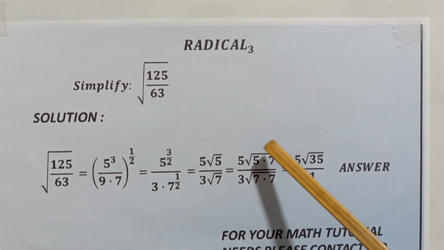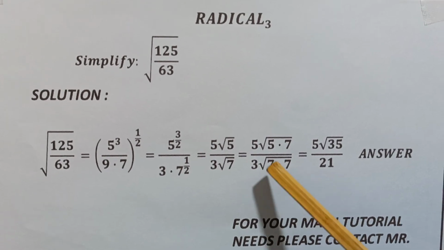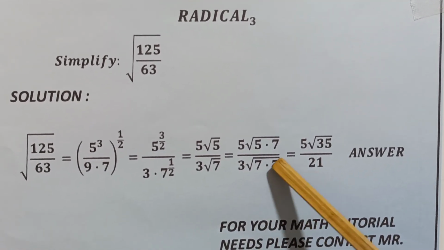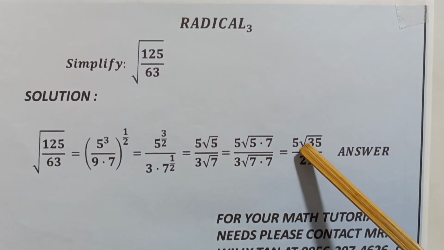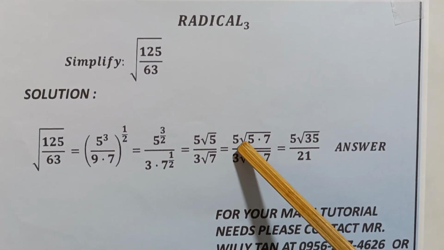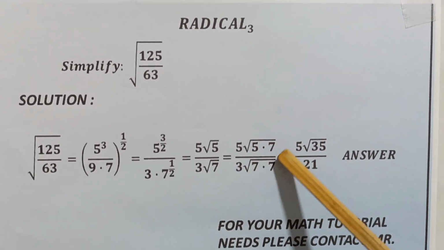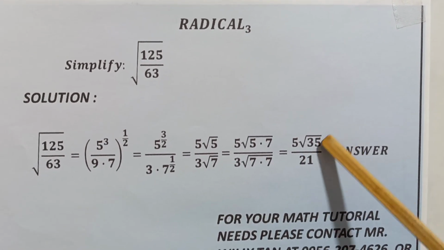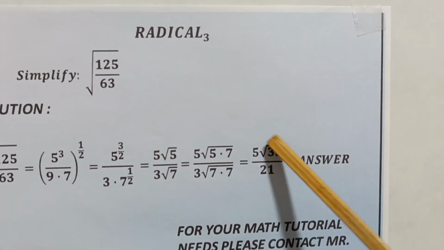So this one, 5 times 7, is equal to 35, and then square root of 7 times square root of 7 is 7. The square root of 7 squared is 7, times 3 is 21. So this one is 5. Just copy this 5 here, and that is the square root of 5 times 7, which is the square root of 35. So the final answer will be 5 square root of 35 over 21.